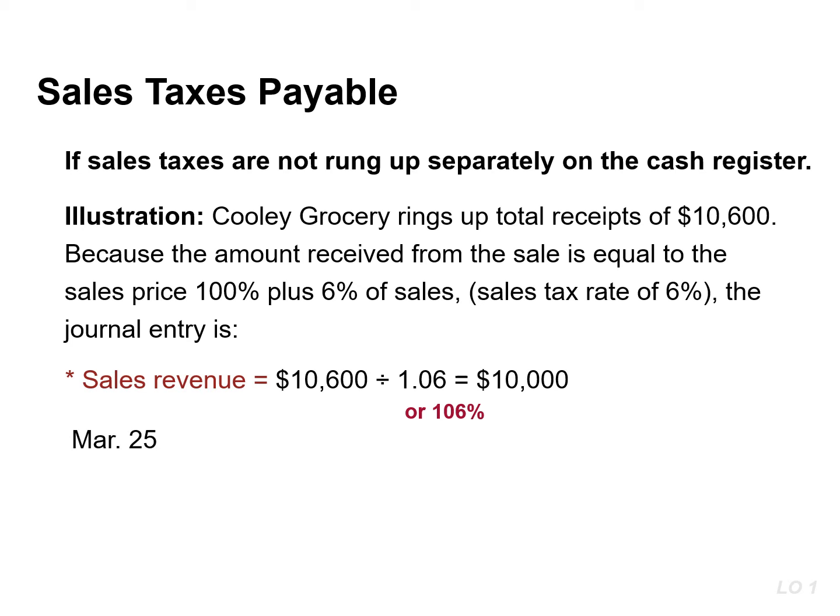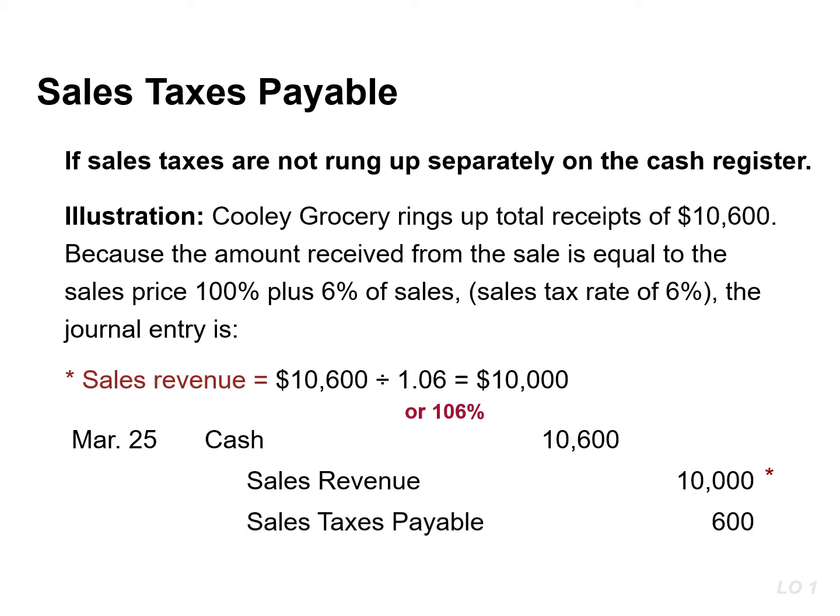The journal entry results in a debit to cash for the total receipts of $10,600 and a credit to revenue for $10,000. We can find the sales tax amount of $600 by either subtracting sales from total receipts or multiplying sales by the sales tax rate.